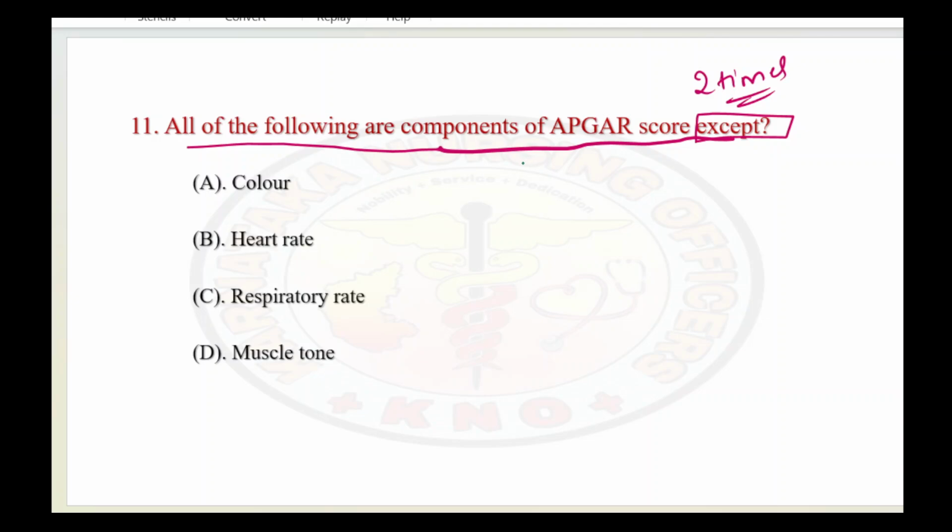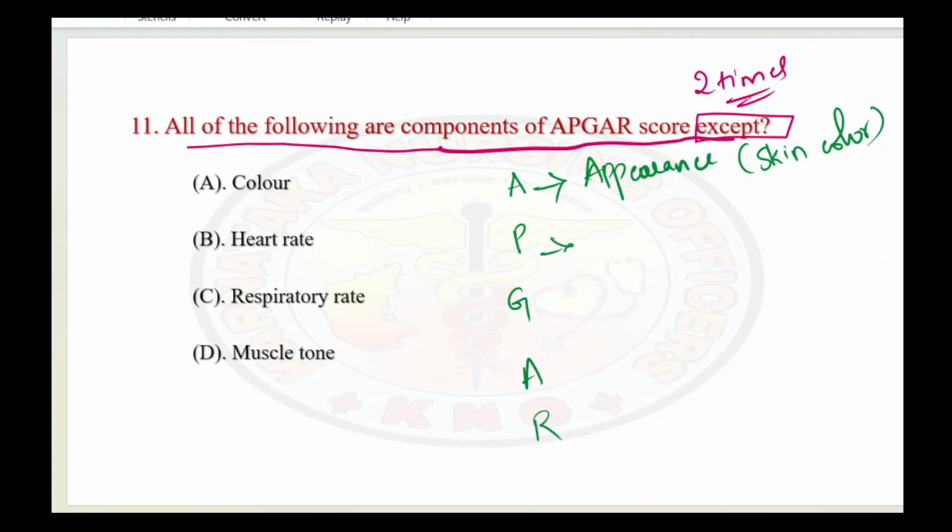So let's know what happens in Apgar. A is nothing but appearance. In appearance, you are going to see skin color. Okay, next is pulse. Third option, G, is nothing but grimace.